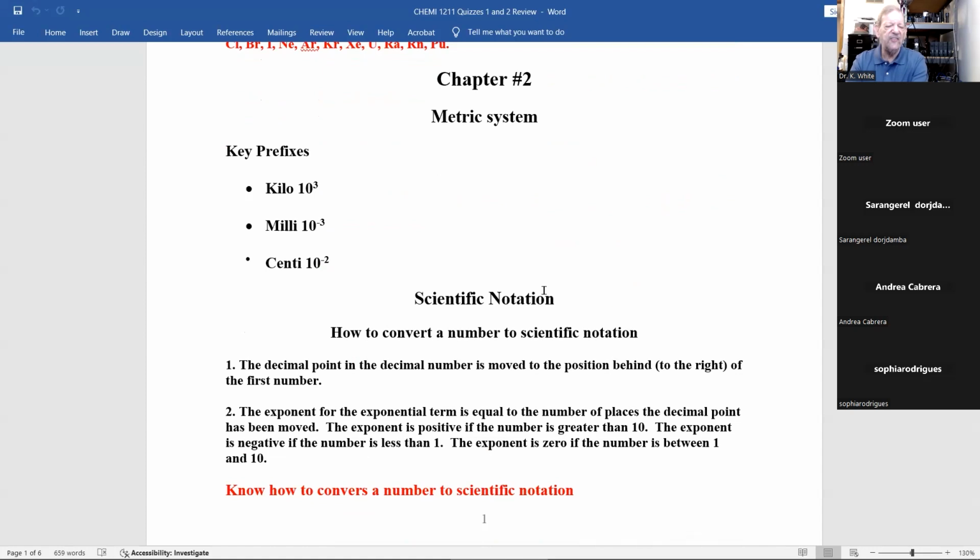Milli is 10 to the minus third, like a milliliter, that's 1,000th of a liter. And centi, like in centimeter, that's 100th, 10 to the minus 2. So you should know kilo, 10 to the third, milli, 10 to the minus third, centi, 10 to the minus 2. If you have gigabytes in your computer, that's 10 to the 9.